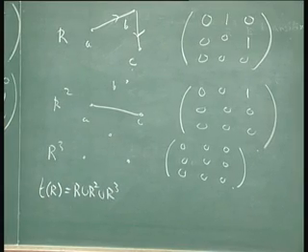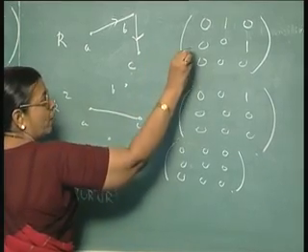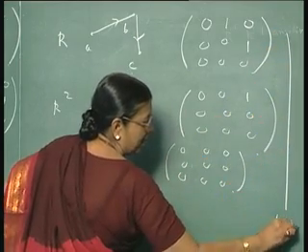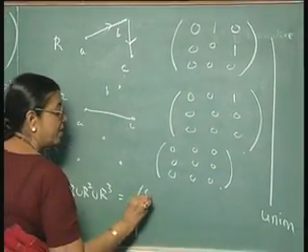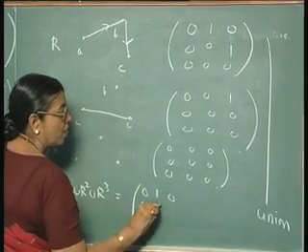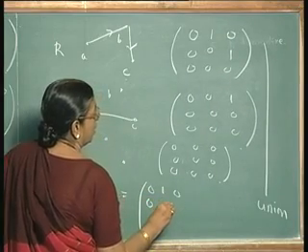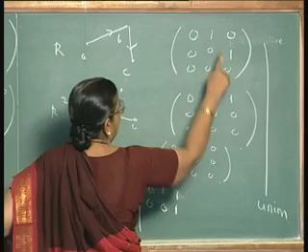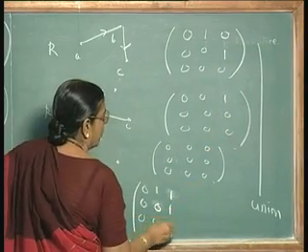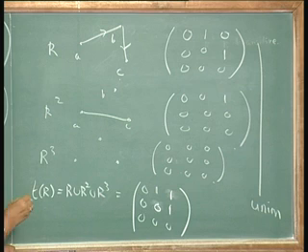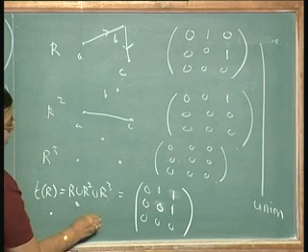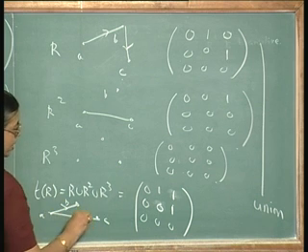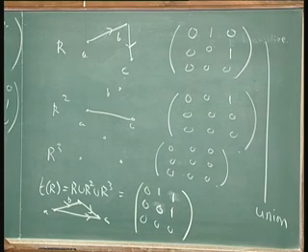You find the union of these three matrices, and you will get 0 1 1, 0 0 1, 0 0 0, and that is nothing but this A, B, C. If you represent it, there is an arc from A to B, an arc from A to C, and an arc from B to C. This is the transitive closure.